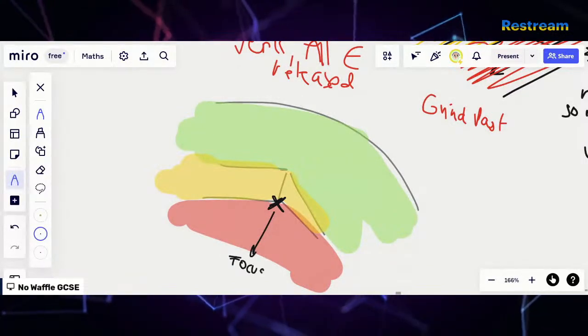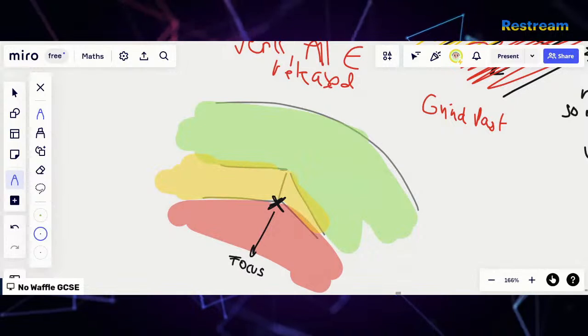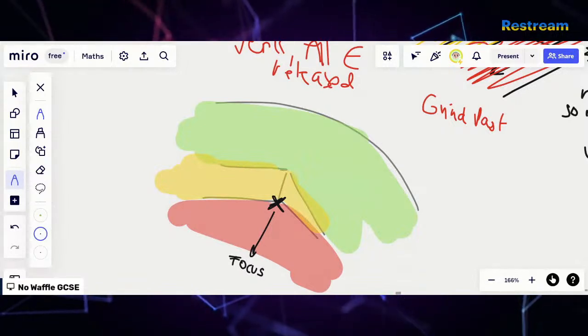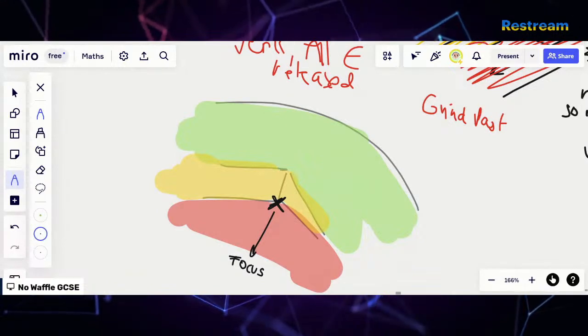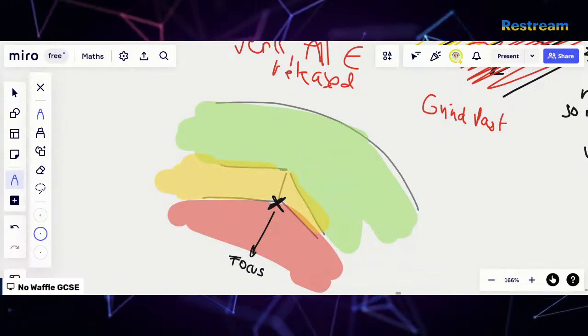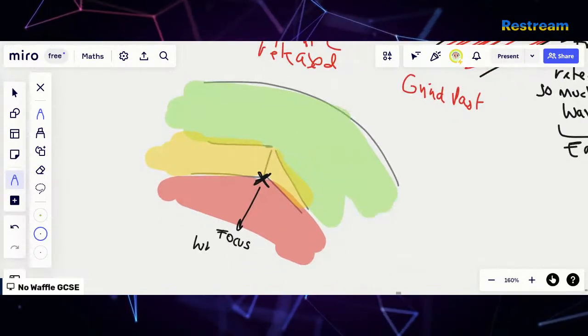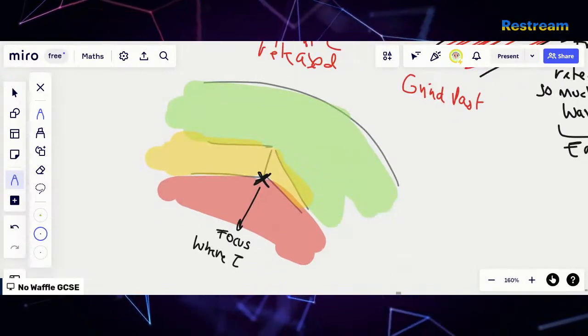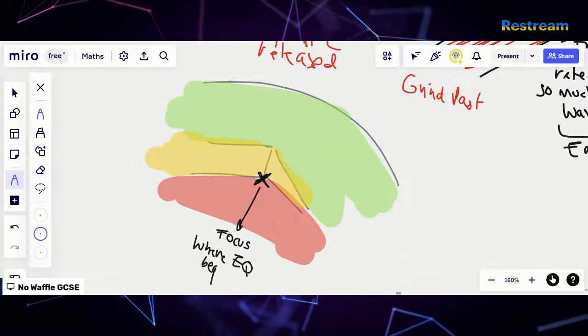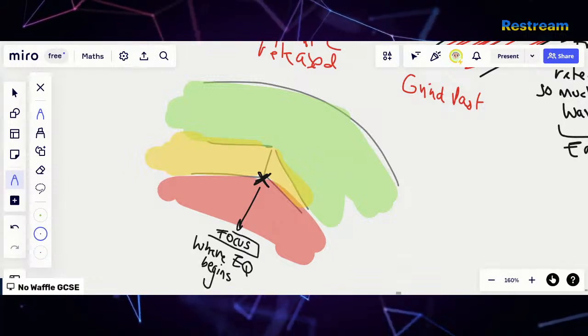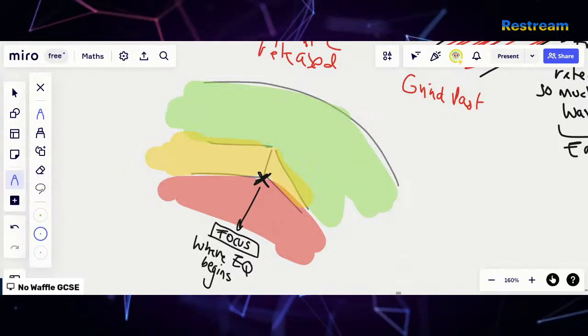The focus is where the mantle directly starts the earthquake. So the focus is the point in the earth where the earthquake begins.